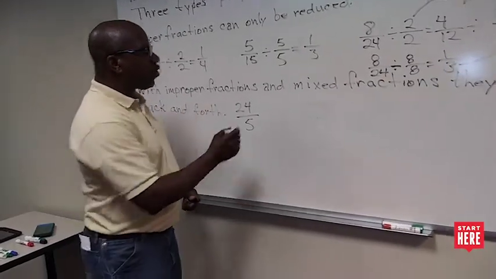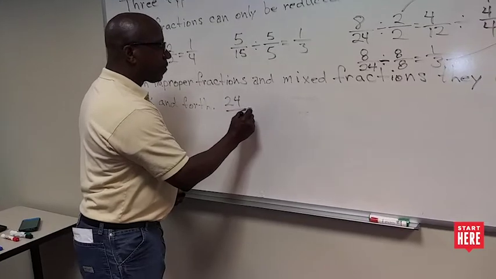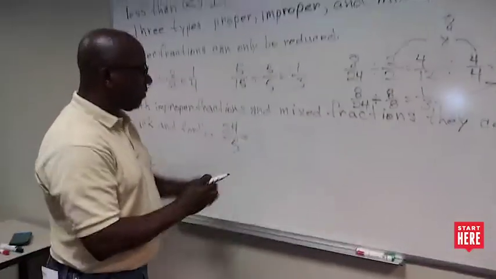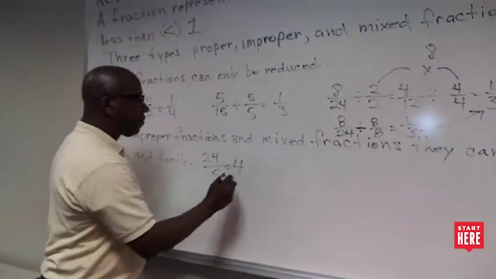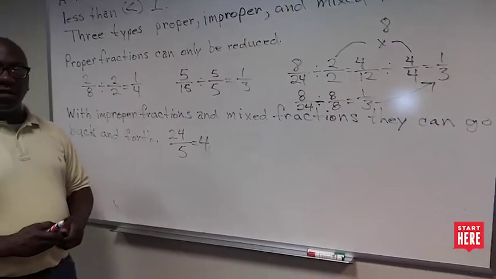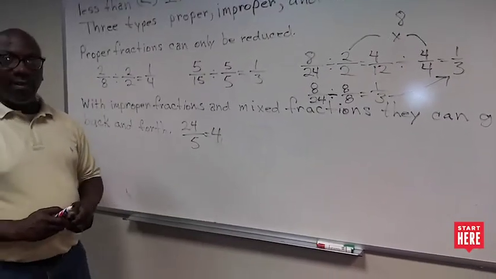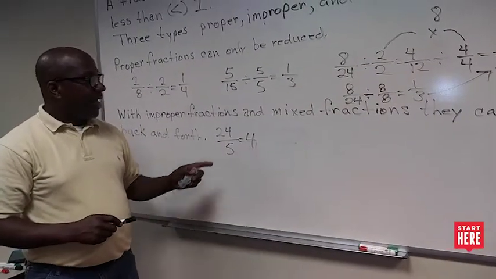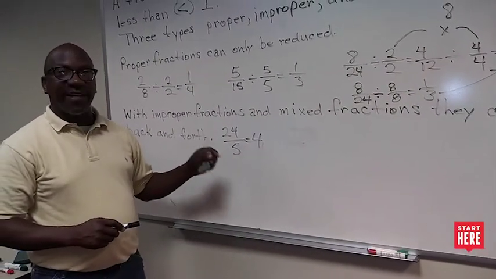5 will go into 24 4 whole times. 5 times 4 is 20. Now, I'm going to take my product of 5 times 4, and I'm going to subtract it from 24.